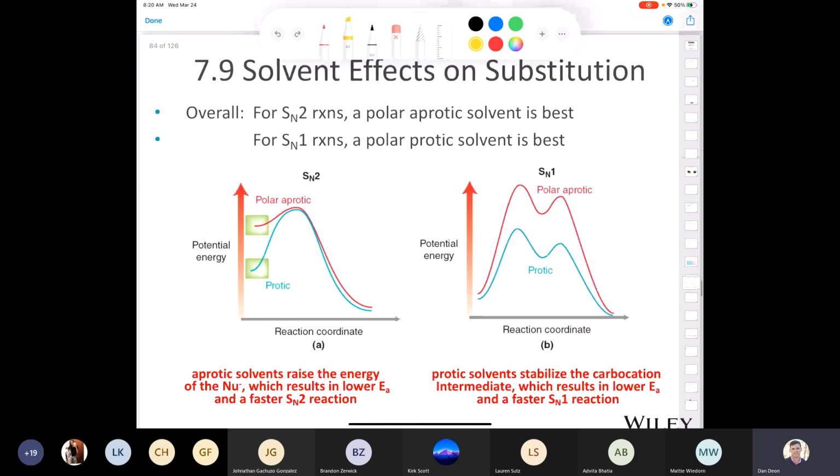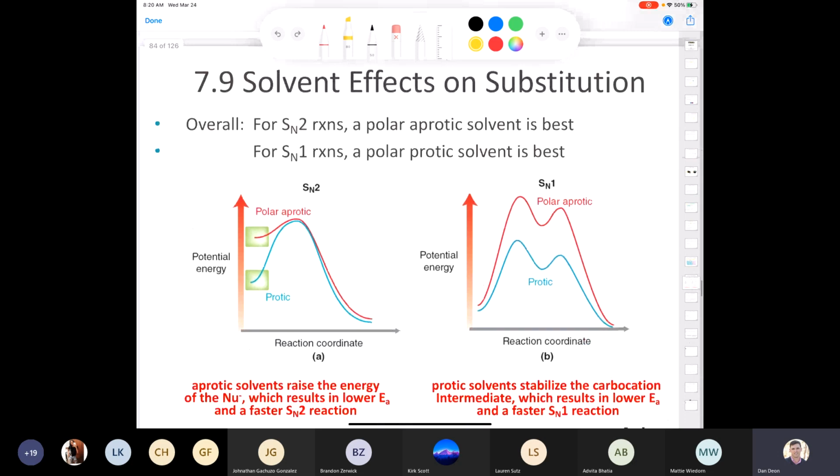And if we compare the two scenarios that we've looked at so far in this class, now this is going back, I think, either to the last lecture or the lecture before that. When we talked about SN2 reactions, we said that a polar aprotic solvent, something like acetone or DMSO, dimethyl sulfoxide, or HMPA, which is hexamethylphosphoramide, I said those are the best for SN2 reactions, right?